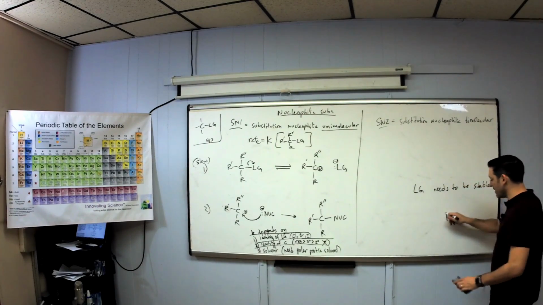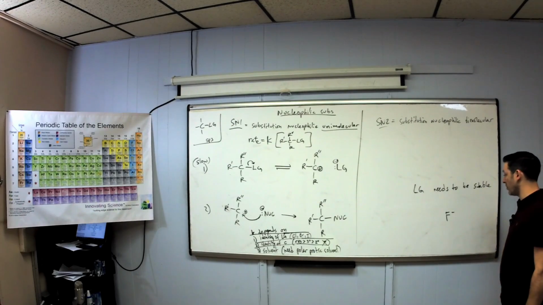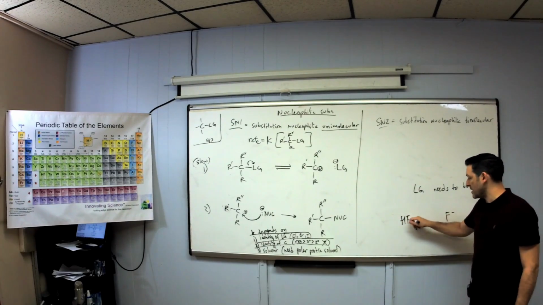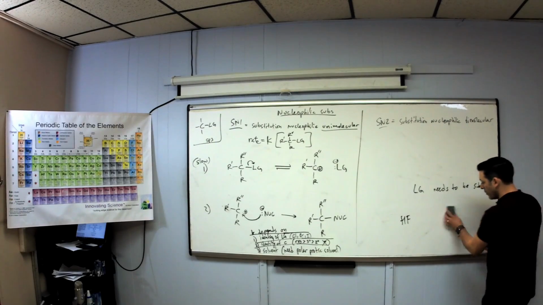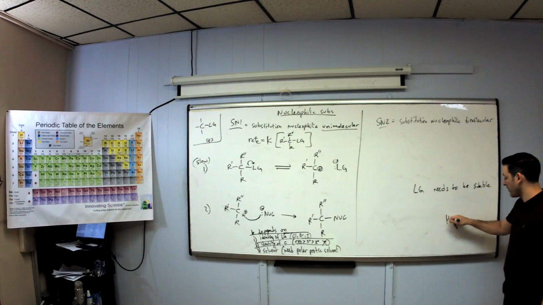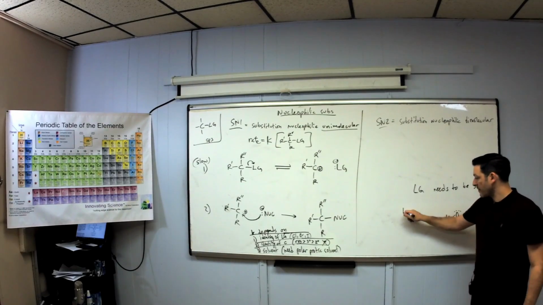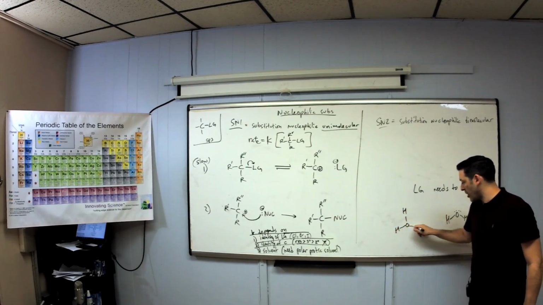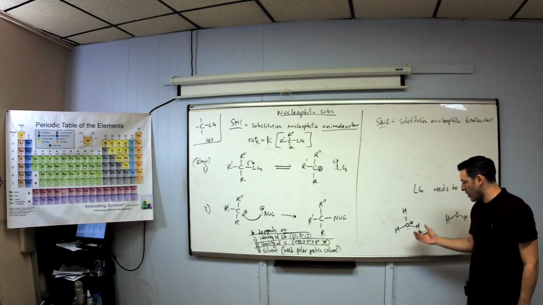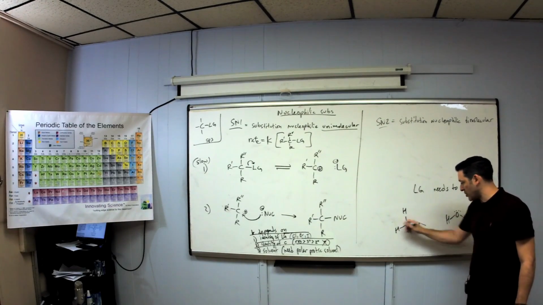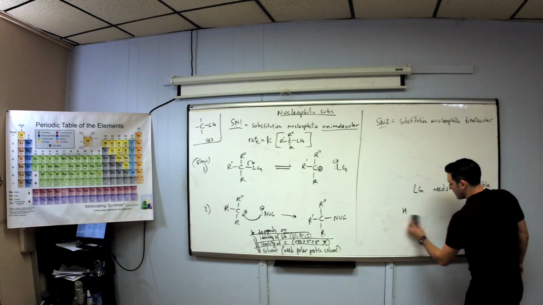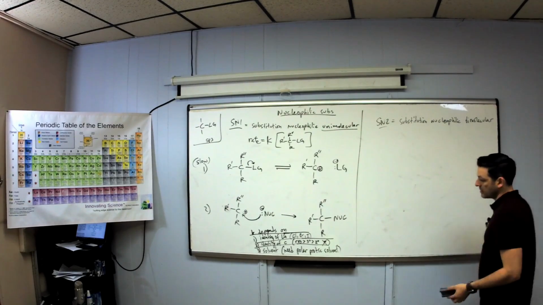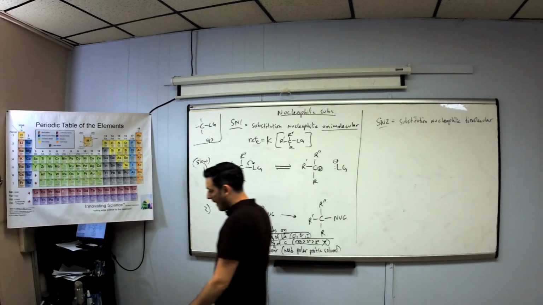See, F minus is not a good leaving group because HF is not a strong acid. So that means this has some basicity. Why is water a good leaving group? Because what is water a conjugate of? It's a conjugate of H3O+, and H3O+ is the definition of a strong acid, so water will walk off and be stable. At least that part is good.